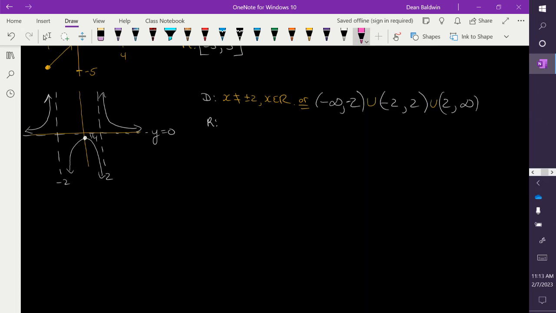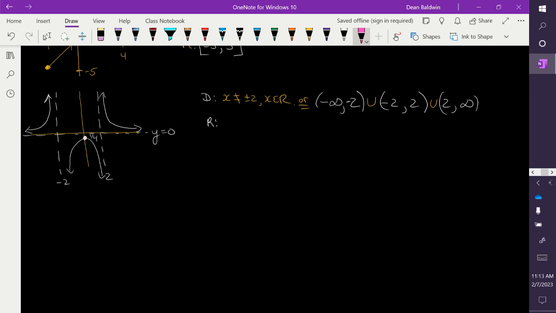Let's do the range in interval notation because it's a little easier. What's the lowest y value? Negative infinity, right? So it comes up from negative infinity all the way up to what's the next number it stops at? 1/4. Negative 1/4.